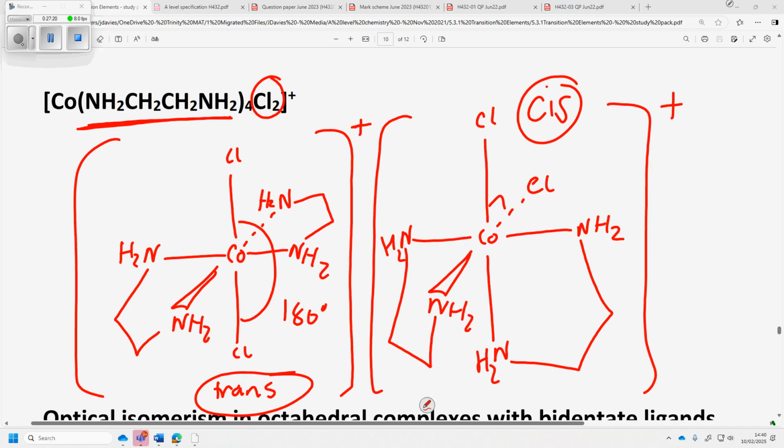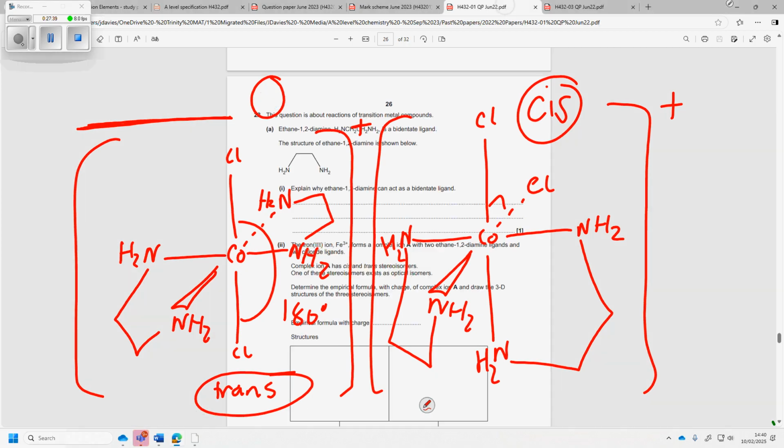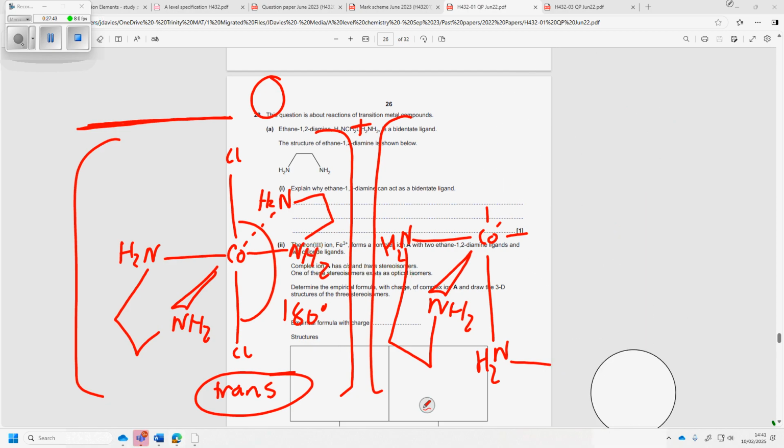Cis-trans isomerism in octahedral complexes where we have two bidentate and two monodentate ligands. A bit more complicated. But there's a question which comes up. For example, here.